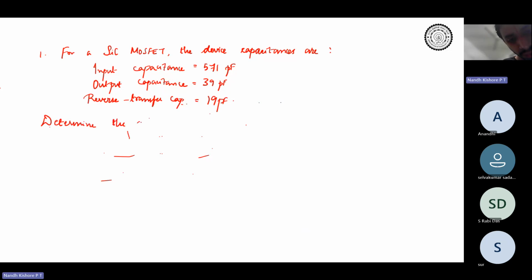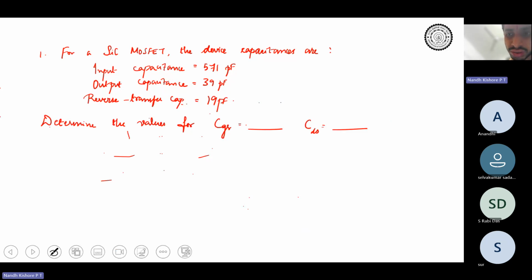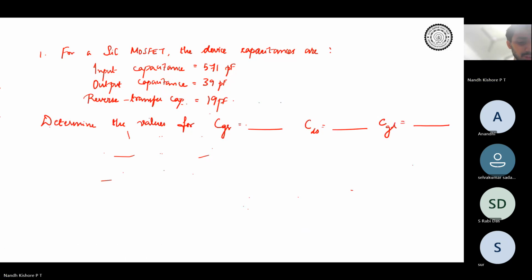Determine the values for CGS, CDS, and CGD. So can you try solving this?